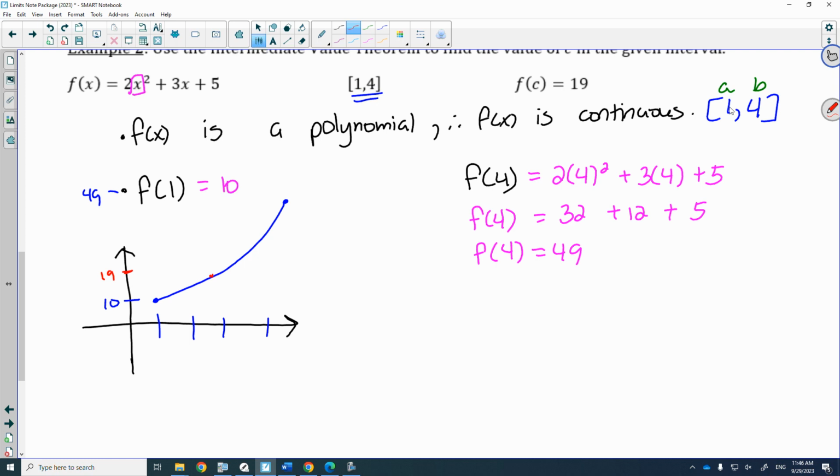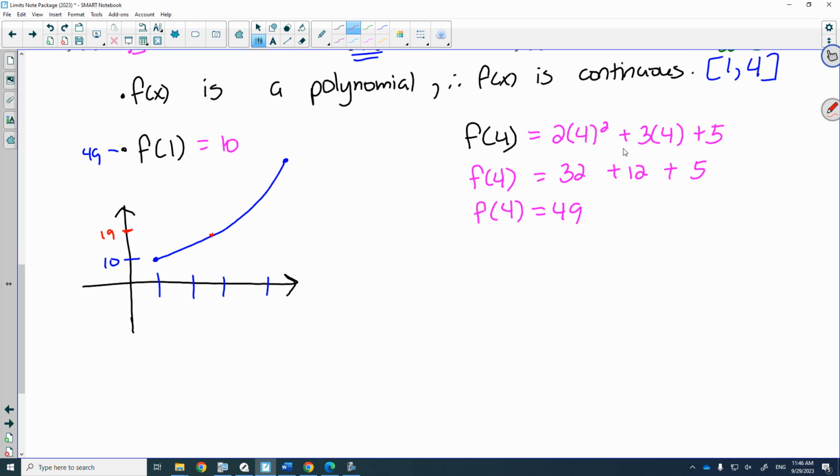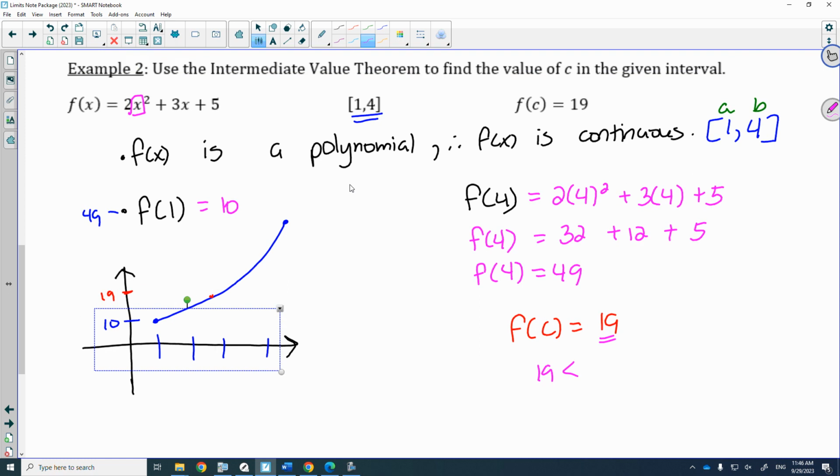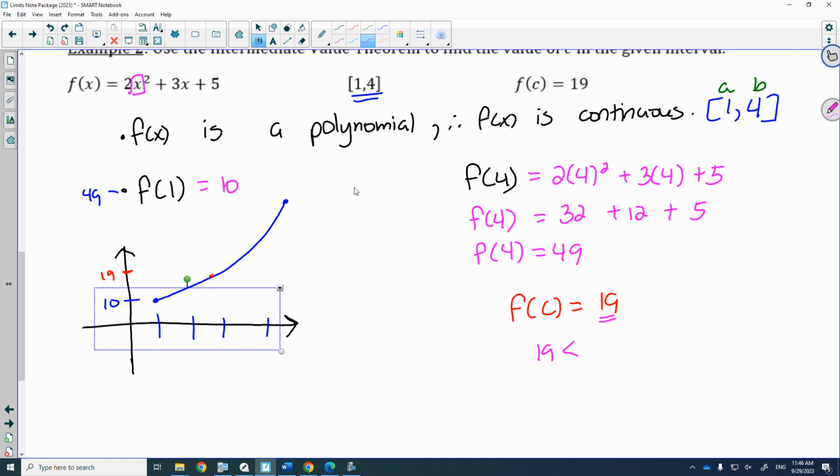Okay, so how we're going to write this is I'm going to write f of c is equal to 19. And with 19, we're looking at the y values. 19 is a number less than 49 and greater than this y value of 10.